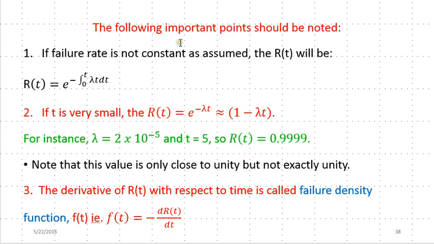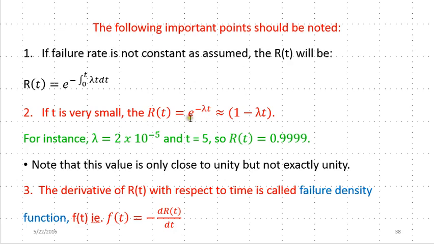If the failure rate of the component is not constant as we assume, the formula will now be exponential minus the integral of lambda of t dt from 0 to t. And if the value of our time is very, very small, we can say the reliability, which is exponential minus lambda t in the previous slide, is very approximately equal to 1 minus lambda t. For instance, let us assume our lambda is 2 times 10 to the power minus 5, and the time for the experiment is only 5 hours.